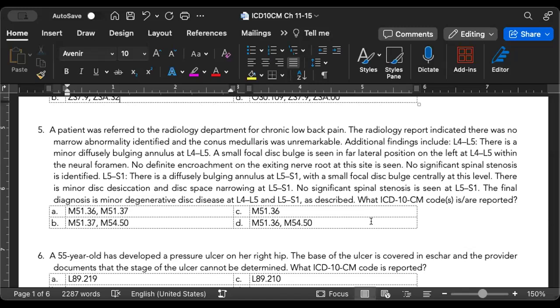So our final diagnosis is the minor degenerative disc disease, right? So we will go to degeneration in the alphabetic index, because that's what we're coding: that degenerative disc disease.